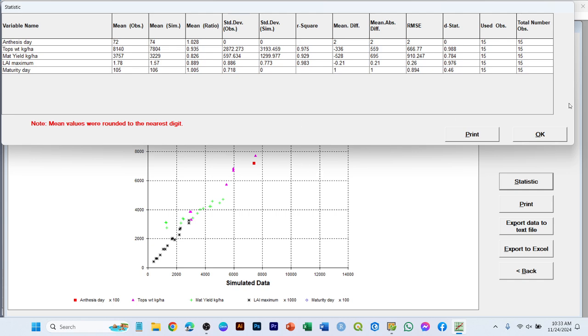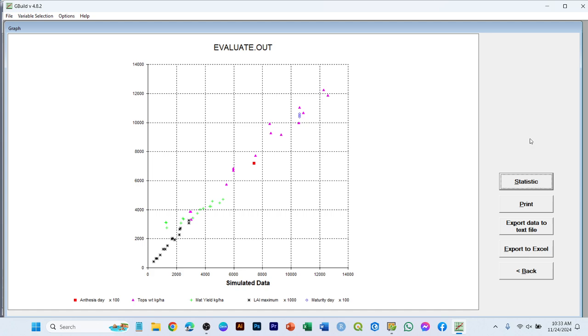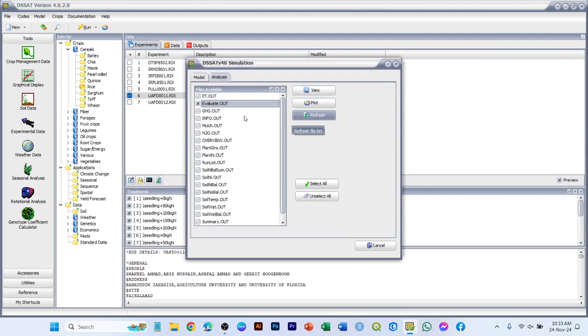So this is about the values. Keep in mind, if you want to collect the values and make the graph by yourself, then you have to go in evaluate out, right? For graphical representation, you have to go back and go to plant grow out, graphical representation over here.